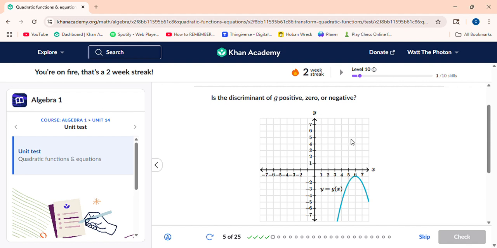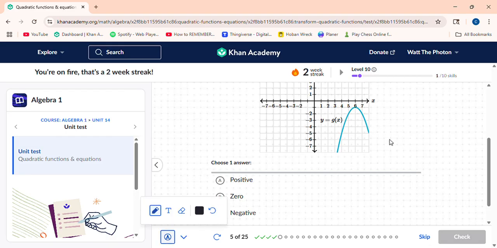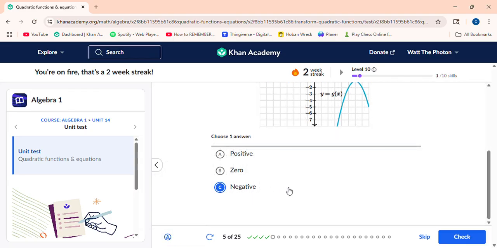I think it's the value of the polynomial. So it goes up like this, and when it goes down, it's a negative right there on the 3x. I assume it to be negative.